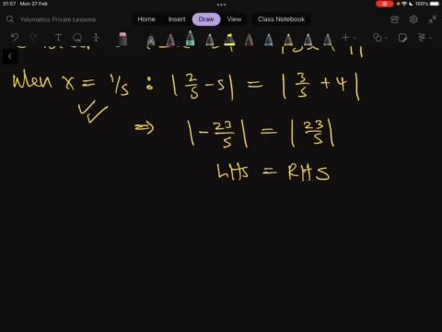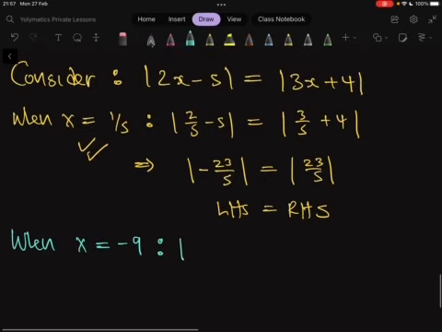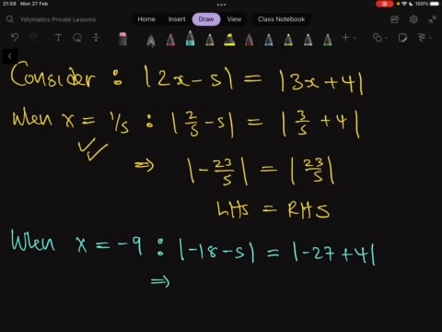So when x is equal to negative 9, what do we see? On the left hand side, you put negative 9, you'll get negative 18, negative 5, and on the right, put negative 9, you'll get negative 27 plus 4. So we now get negative 23, and on the other side we also get negative 23.